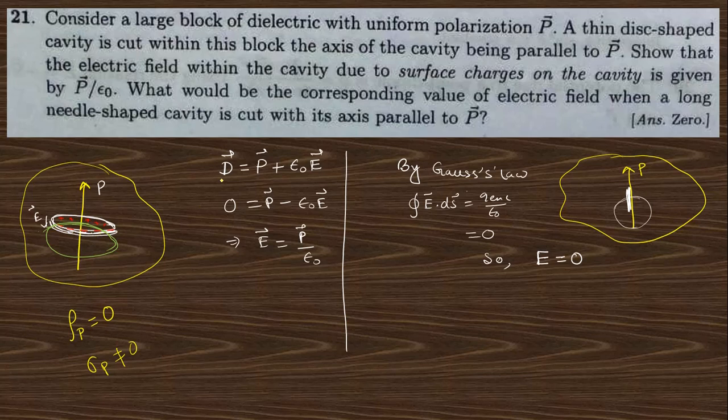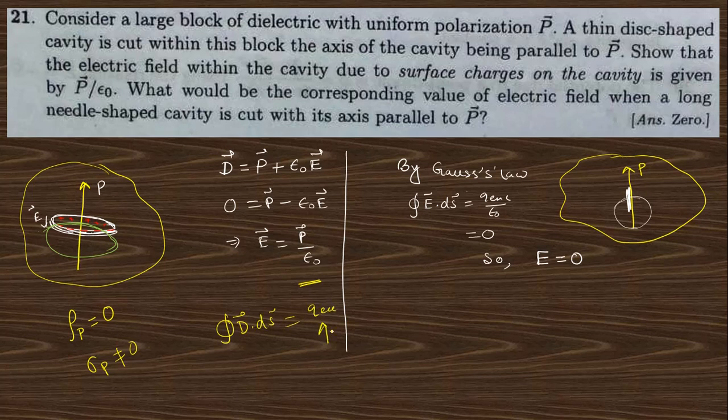So the total displacement vector will be P plus this, and in this region the charge will be 0, D will be 0. So finally we got this electric field. Within this cavity the displacement vector will be 0, because you know the integral of D dot dS equals Q enclosed.